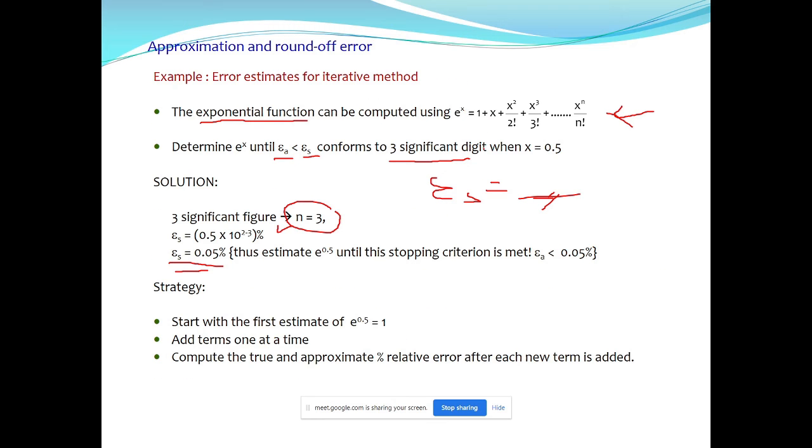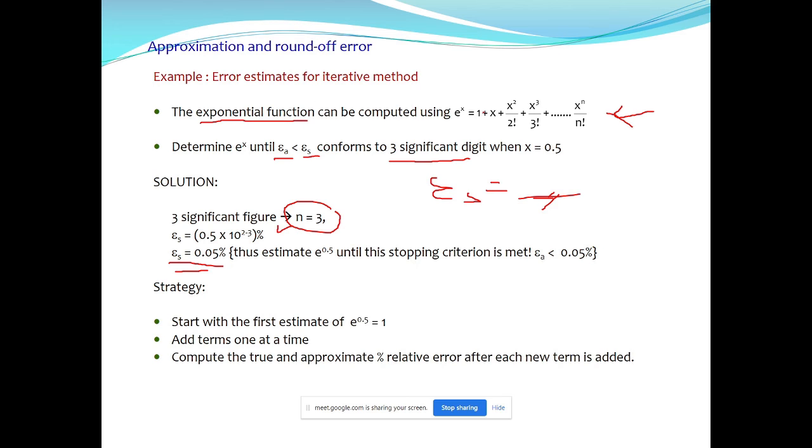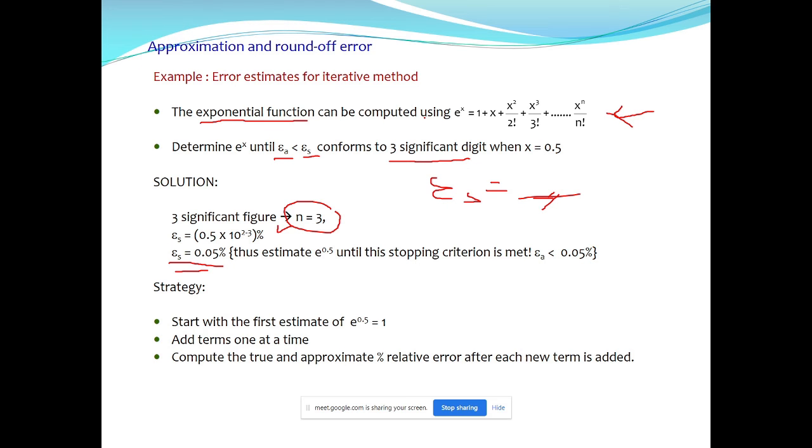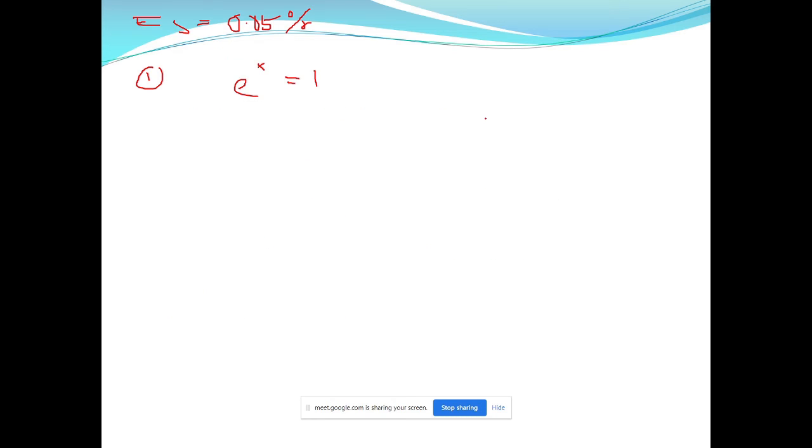First step, exponential ni, kita pakai X sama dengan 1. Nah, itu dia punya satulah. Direct. Because your x is equal to 0.5. Ini yang dia bagi ya.